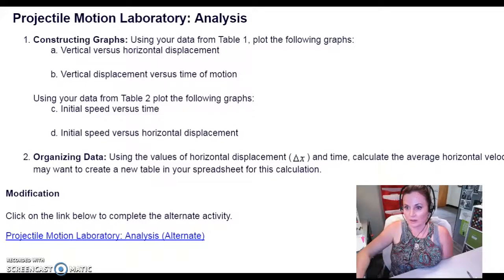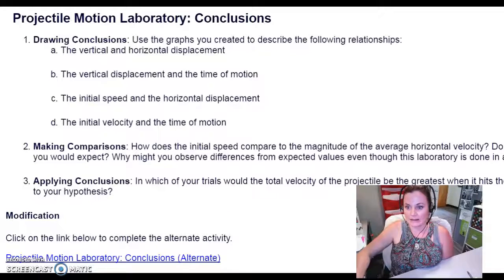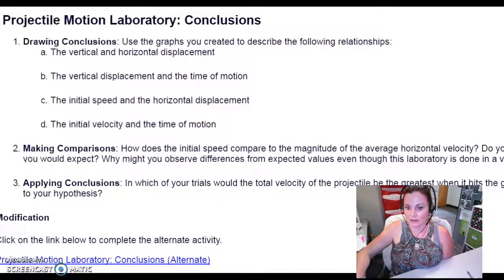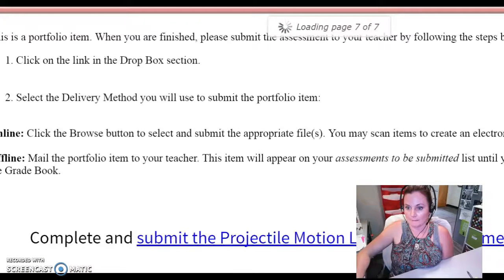It tells you how to construct your graph, what to graph, and finally, the conclusion questions. These are what are going to go in that final conclusion section of your lab report. So this one's pretty straightforward.